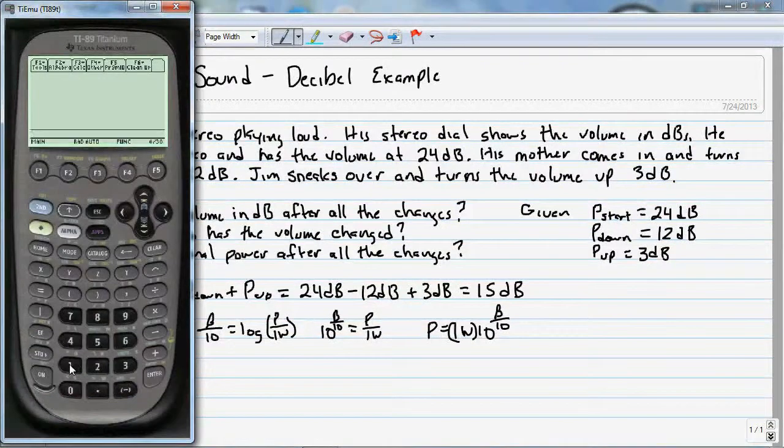So we have 10 to the power of 24 divided by 10. And let's just take the approximate value. So that's going to be 251.189 watts.